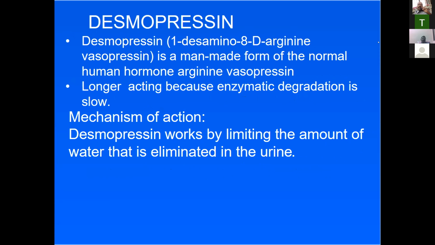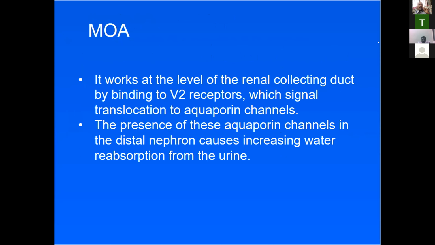And the mechanism: desmopressin works by limiting the amount of water that is eliminated in the urine. The same mechanism as vasopressin. It works at the level of the renal collecting duct by binding to the V2 receptors. It is a specific binder. It only acts on the V2 receptors, which signals the translocation of aquaporin channels, and the presence of these aquaporin channels in the distal nephron will cause increased water reabsorption from the urine.